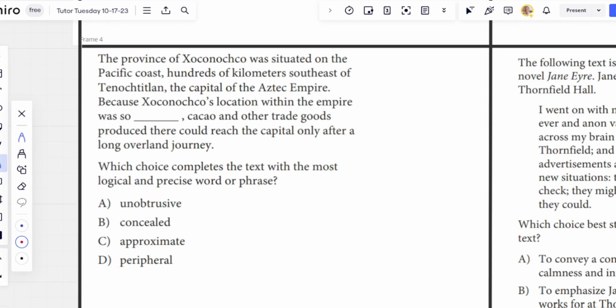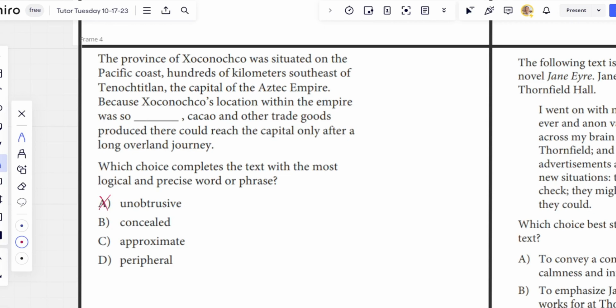It was a long overland journey. I'll rule out A for sure. Unobtrusive means it's very easy to reach. Right?